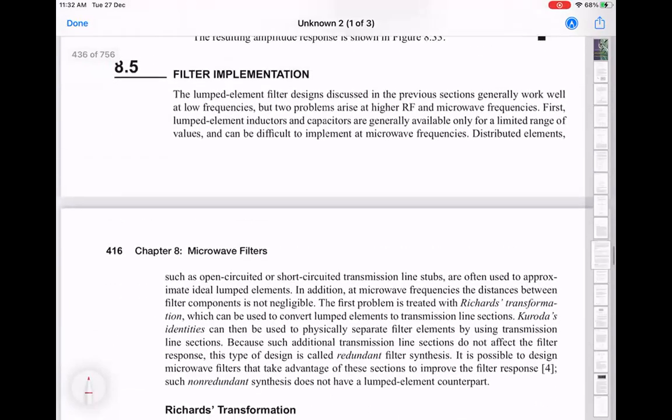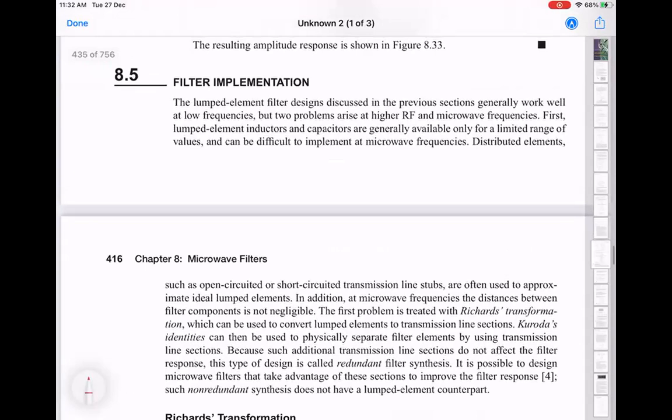So all of this was again in terms of L's and C's. And as we have discussed over and over again, it might not always be possible to get ideal L's and C's at microwave frequencies. So again, you can do some mapping and construct these filters using sections of transmission line.